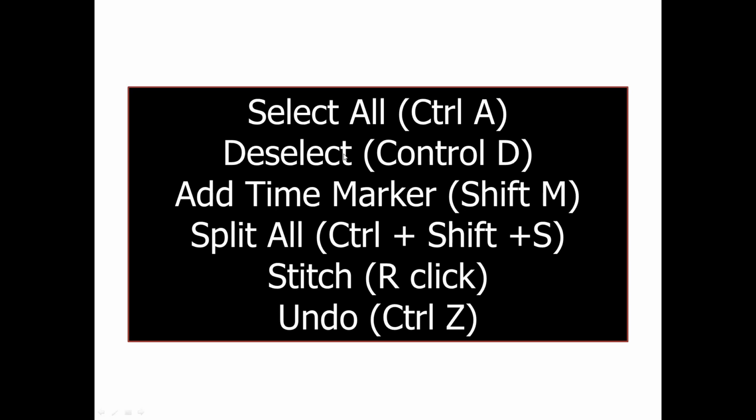There's a select all option, a deselect option. You can add time markers, and that's very helpful when you're editing. You can split all. You can stitch, which we were talking about just a moment ago. And you can undo or Control Z, or what I like to say is my save my butt button.